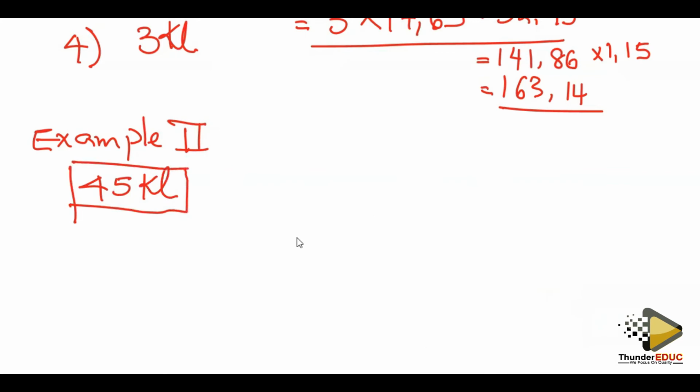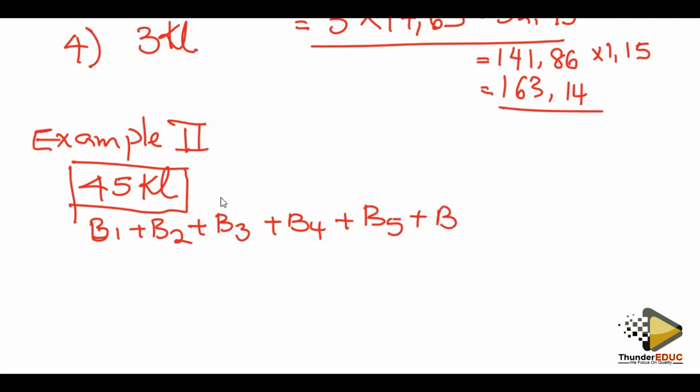The person has used all the brackets. So simply meaning, we are going to get the money we have in bracket number 1, plus the money we have in bracket number 2, plus the money we have in bracket number 3, plus the money we have in bracket number 4, the money we have in bracket number 5, the money we have in bracket number 6.